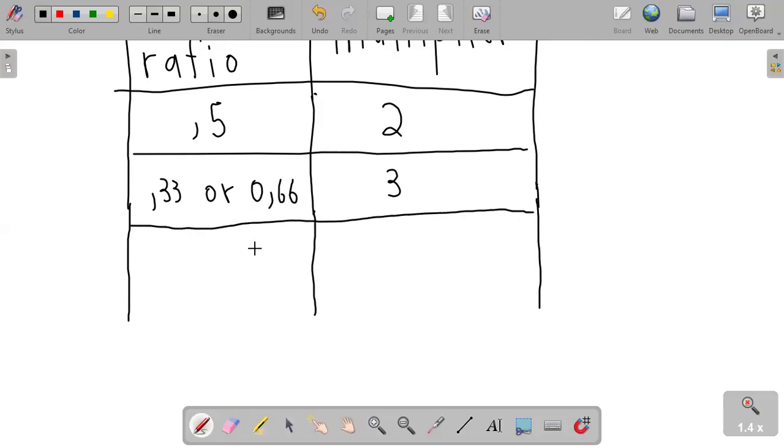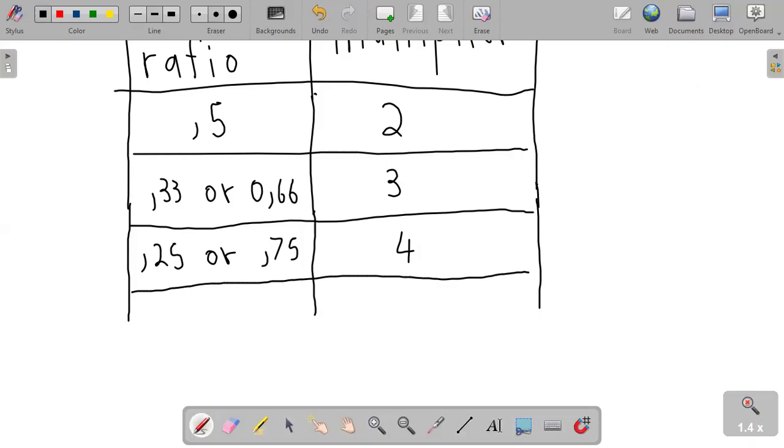And then if you have 0.25 or 0.75, you use a multiplier of 4. And then if you have 0.2 or 0.8, then we use a multiplier of 5.